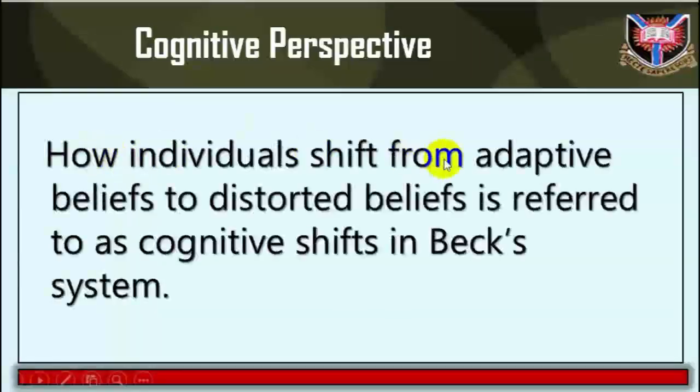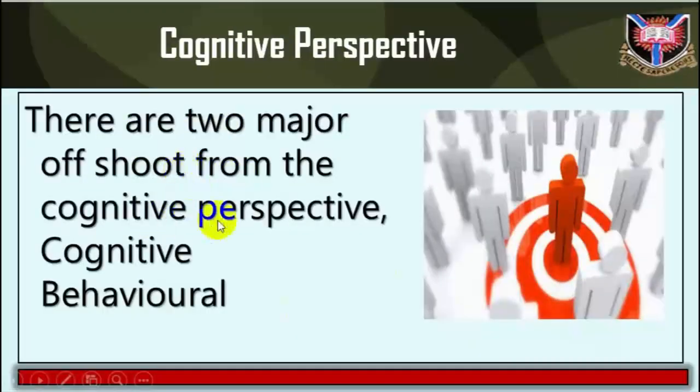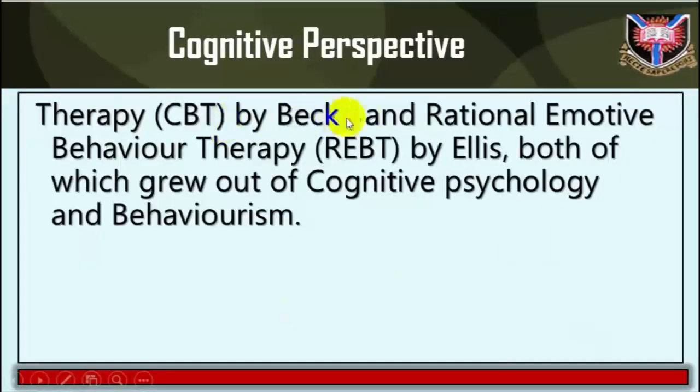How individuals shift from adaptive beliefs to distorted beliefs is referred to as cognitive shift in Beck's system. There are two major offshoots from the cognitive perspective: cognitive behavioral therapy, CBT, by Beck, and rational emotive behavior therapy, REBT, by Ellis, both of which grew out of cognitive psychology and behaviorism.